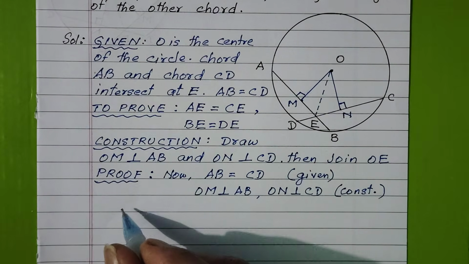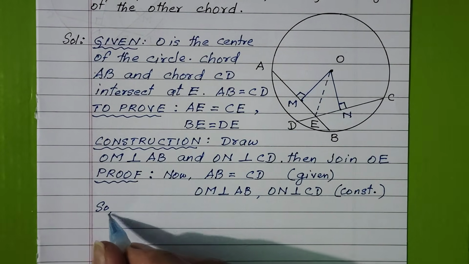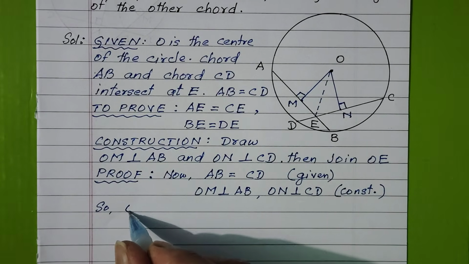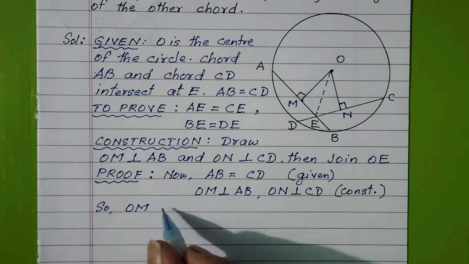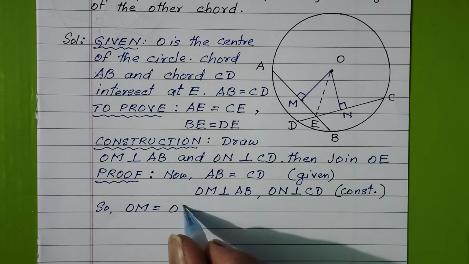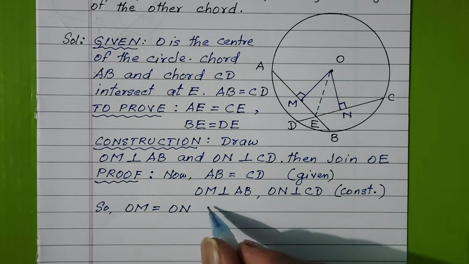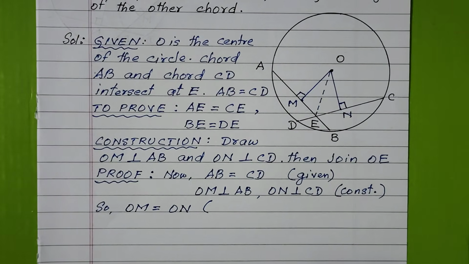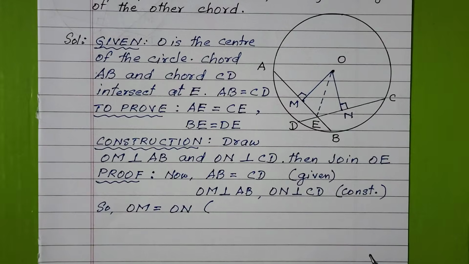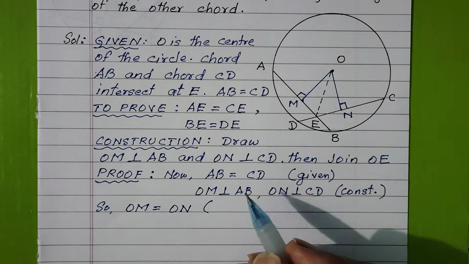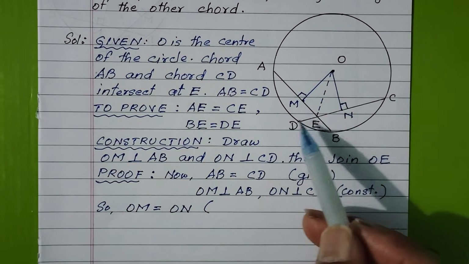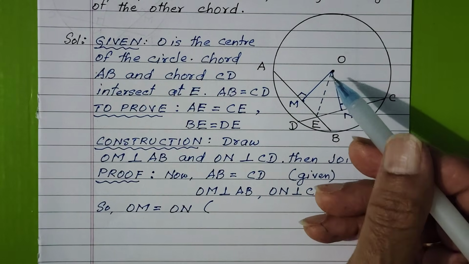So OM is equal to ON because we have a theorem. The theorem states chords of equal length lie at equal distance from the center. AB and CD are equal. When they are equal, their distance from the center also will be equal.